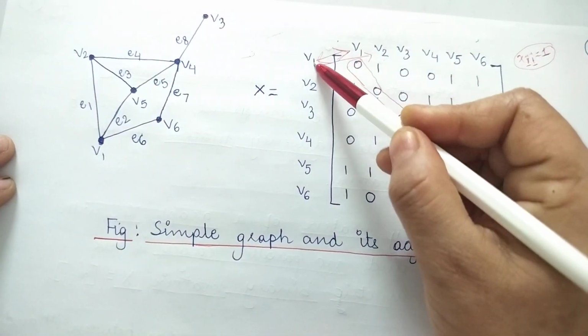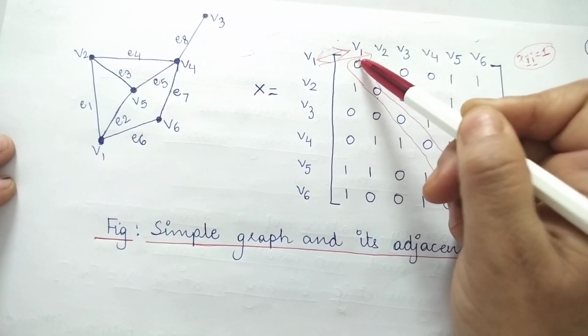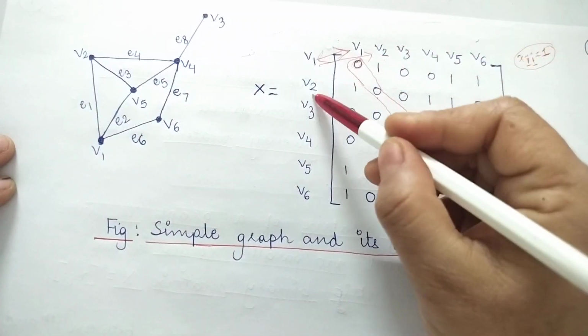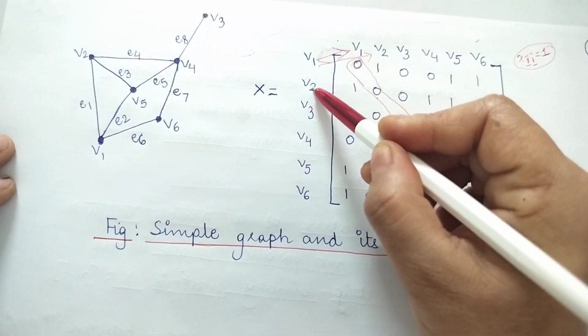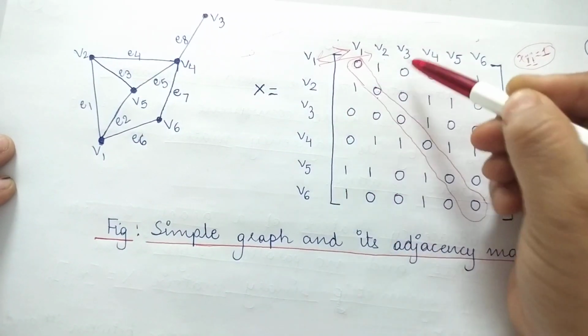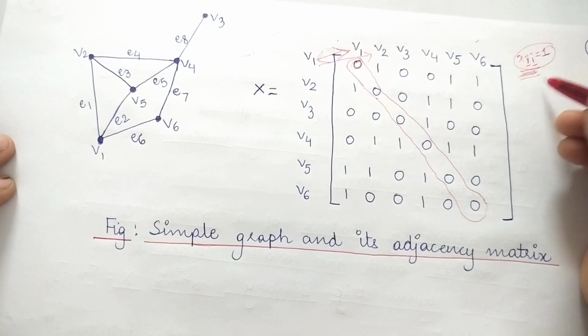Here, for the row the vertex is v1, and for the column also v1, but since we do not have a self loop, the value would be 0. Again here the row is v2 and the column is v2, so a 0. Row is v3, column is v3. So this is how you represent a self loop at the ith vertex.